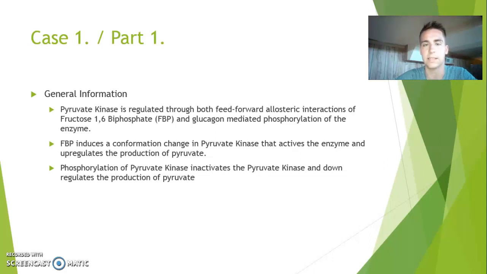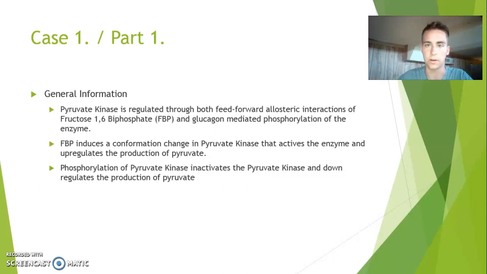What this means is that fructose 1,6-bisphosphate, or FBP, binds to the activating site on pyruvate kinase, activating the molecule and thus encouraging upregulated production of pyruvate. So this is common whenever there are low energy levels within the cell.